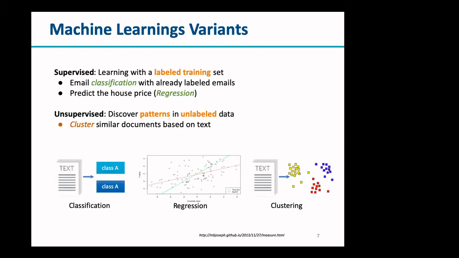The other category of machine learning algorithms is the unsupervised method. In the unsupervised method, you want to discover patterns in unlabeled data. For example, you have many different text documents, and you want to cluster these documents into different categories or clusters.